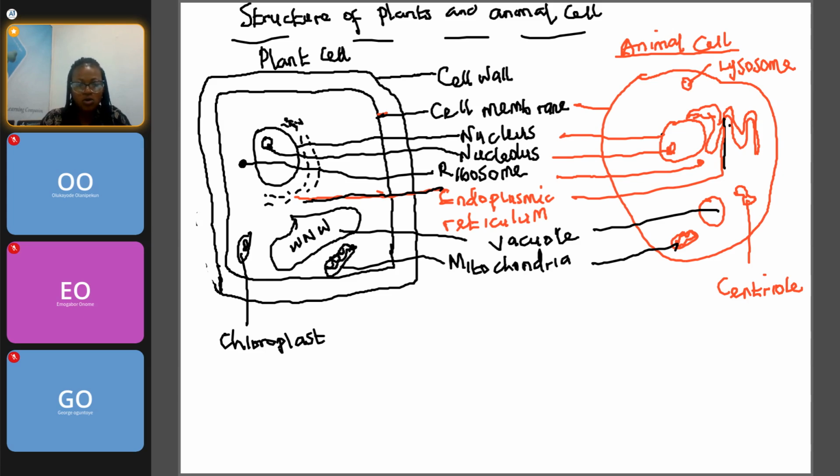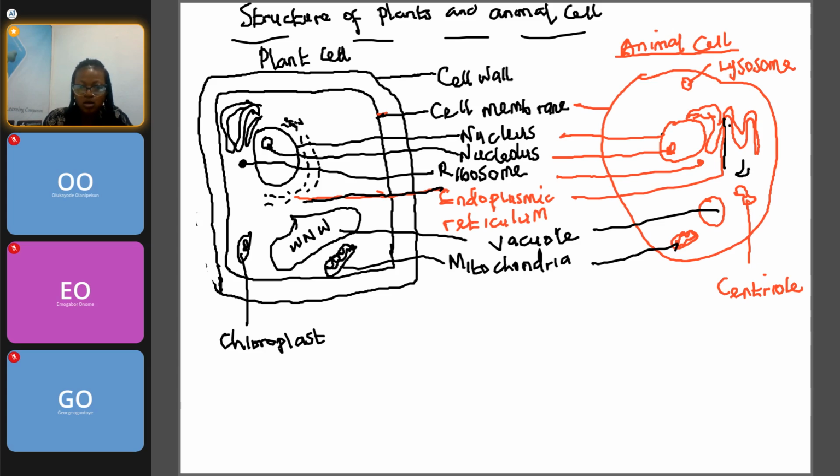Okay, so I have explained what each of the components stands for, and there is one more component that we are here to label, and that is the Golgi apparatus. The Golgi apparatus is present in both plant and animal cell.